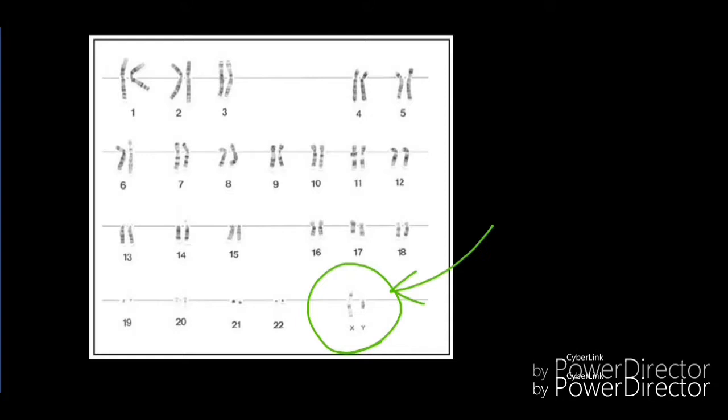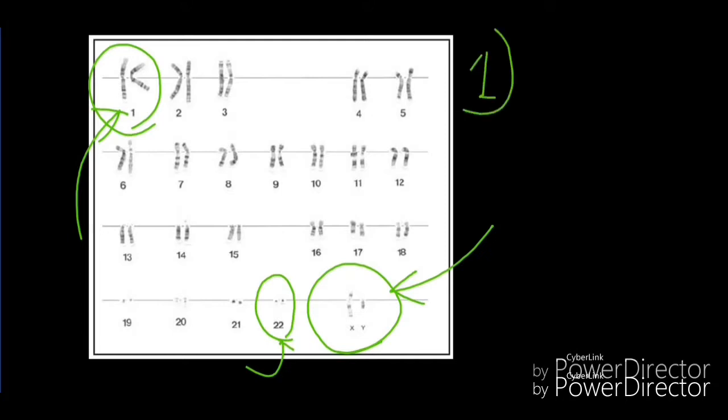So let's look at the normal chromosomes, that means the 44 normal chromosomes. From the first to last, you'll see that the size of these chromosomes decreases.